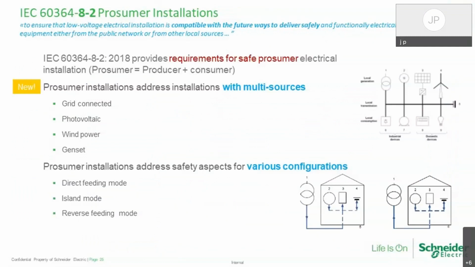Then you have 8-2 regarding prosumer installation. So currently we addressed what we call prosumer. So prosumer, you produce and you consume in your installation. And you see that more and more, due to energy efficiency and building regulation, you have production in your building, and then it becomes a prosumer installation.